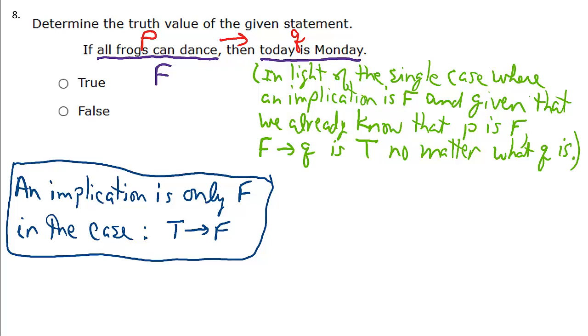So when P is false in an implication, the result is going to be true regardless of what Q is. So the fact that they said today is Monday, if that statement were said on Monday, it would be true. If that statement were said on a non-Monday, it would be false. But in reality, it doesn't matter because the all frogs can dance part is false, and that assures you that no matter which case it is for today being Monday, the implication itself will be true.